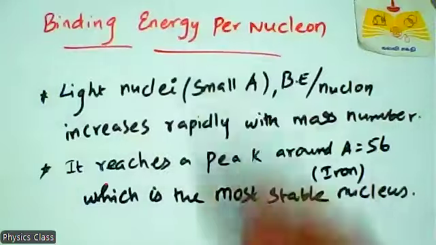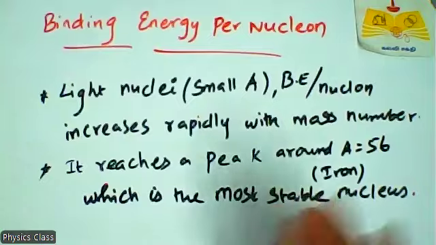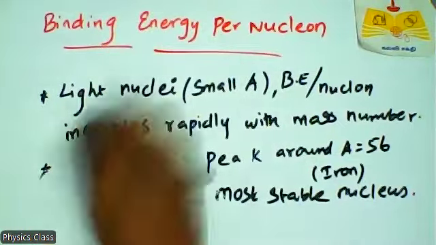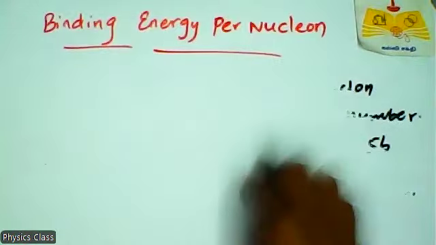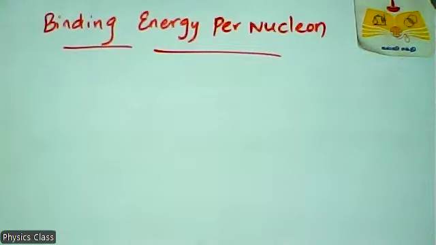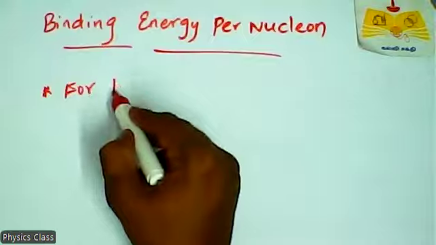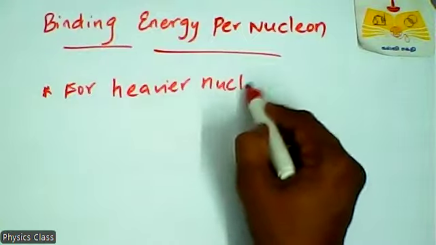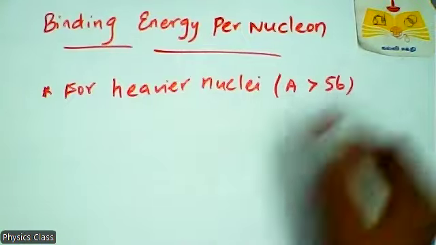For heavier nuclei, heavier nuclei means which is greater than the mass number 56. For heavier nuclei here, mass number A is greater than 56.